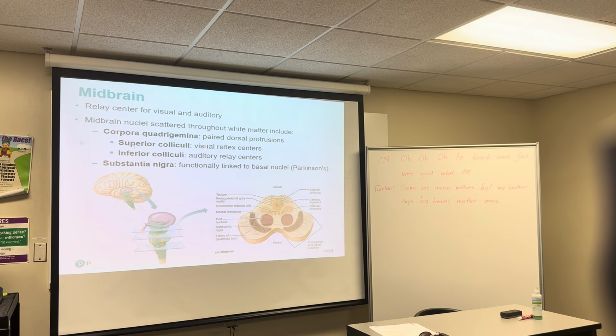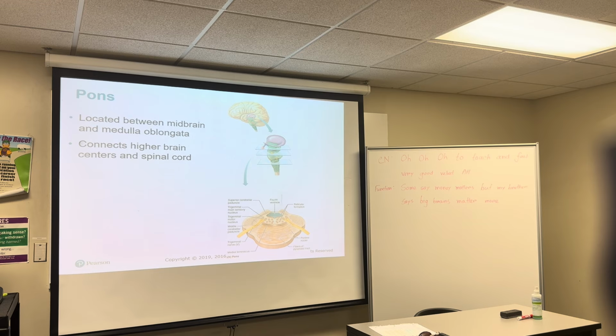Midbrain nuclei scattered throughout the white matter include the corpora quadrigemina, which has two protrusions coming out: the superior colliculi and the inferior colliculi. Superior colliculi are associated with the visual reflex centers, and inferior colliculi with the auditory relay center. And there is the substantia nigra, functionally linked to the basal nuclei.